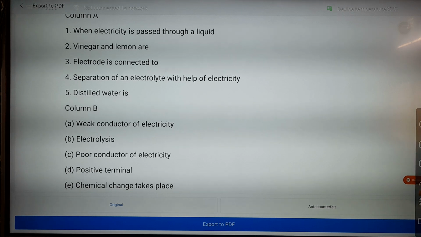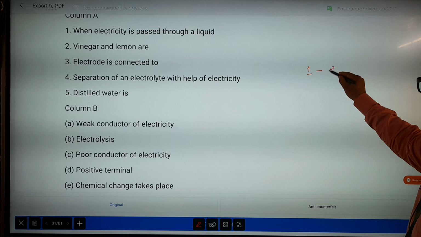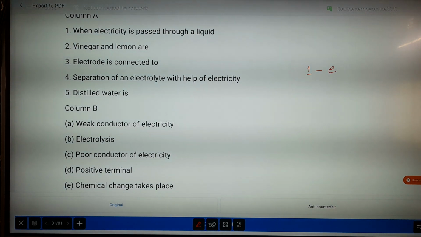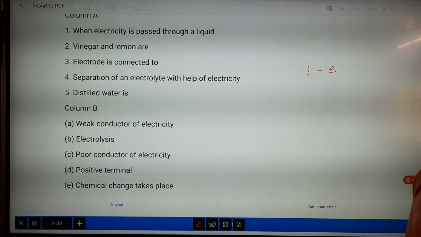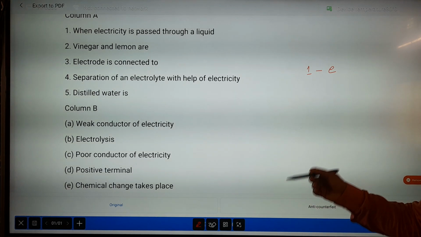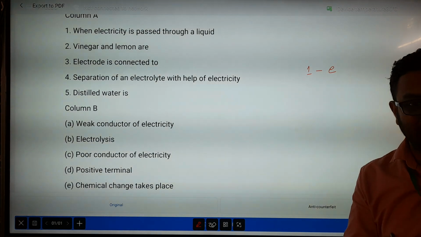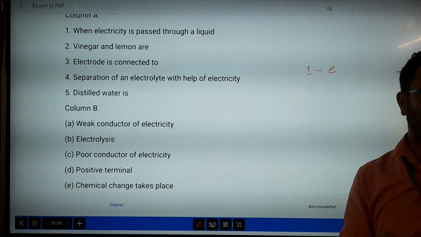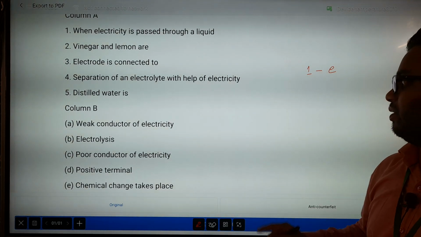I'm writing here. 1E. Then next, vinegar and lemon are weak conductors of electricity. No, they are not poor. They can be weak because we have learned about weak electrolyte and strong electrolyte. So this will be weak.